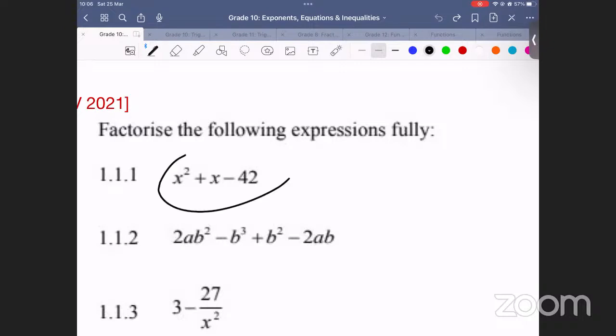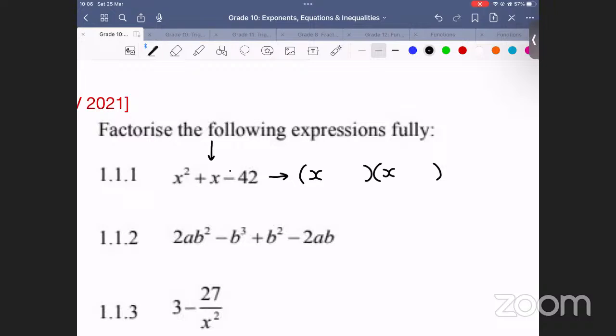Okay, like this. In this case, they want us to factorize the following fully. So here we have a trinomial and we can do trinomial factorization. Remember with trinomial factorization, I open up my two brackets. My first term determines my first two factors, so the only factors of x squared are x and x.